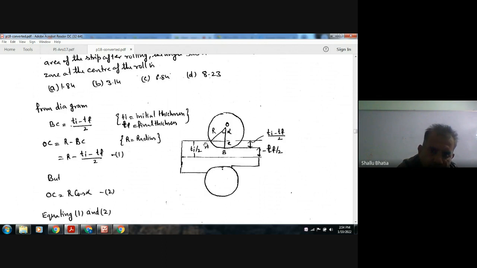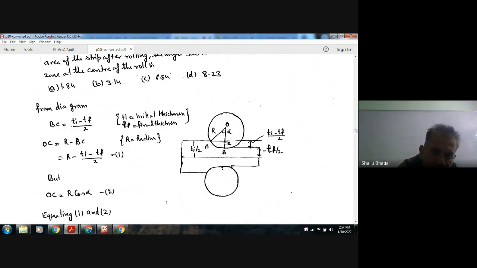This is the radius of the roller, this is the angle of bite, and this is again the radius, always the radius. This point is C, this is B, this is A, this is O. Now BC is (Ti minus Tf) by 2, and OB is R. OC is OB minus BC.